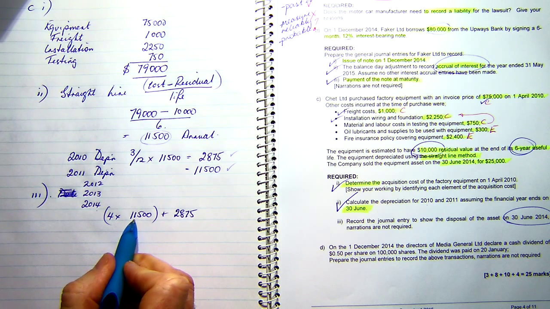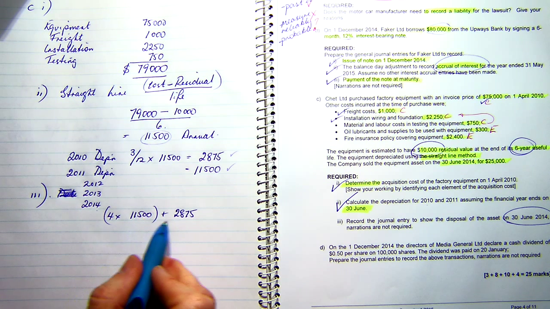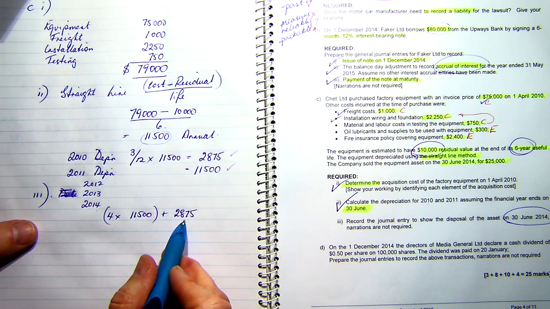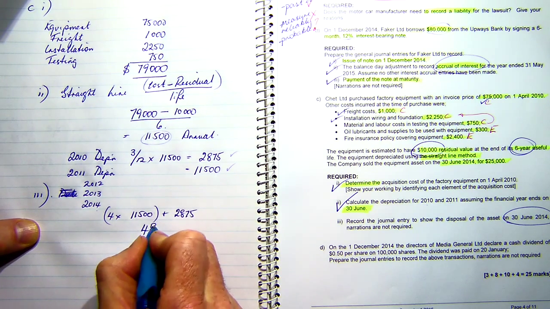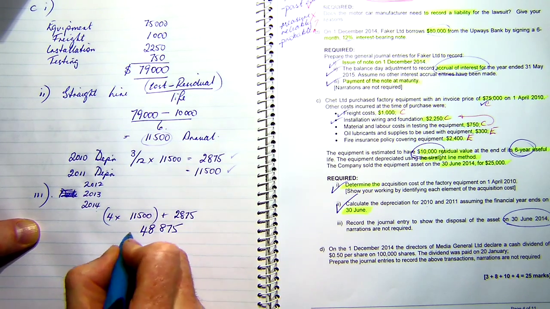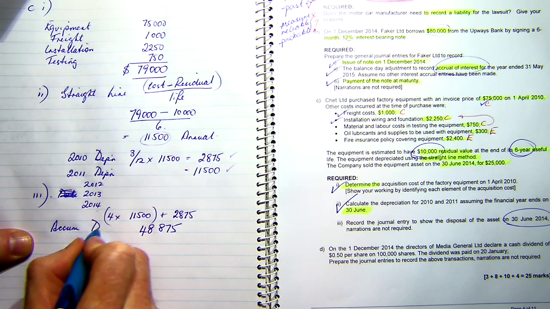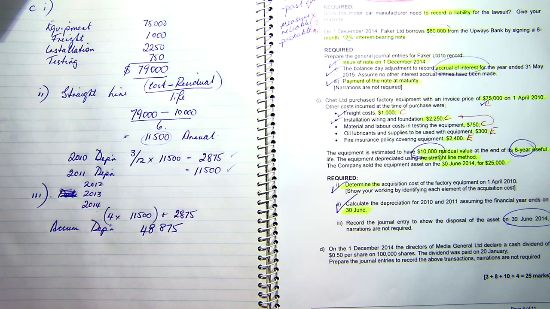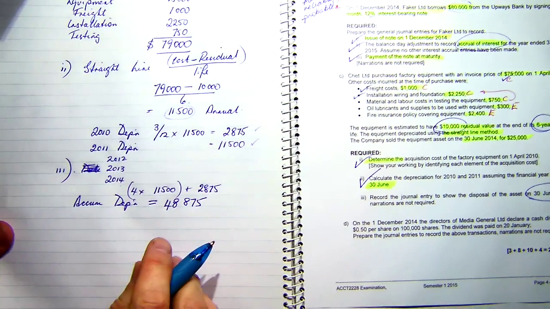So I get around about 48,875. Okay, so that's my accumulated depreciation. I need to make that calculation first, because that makes a difference to my journal entry.